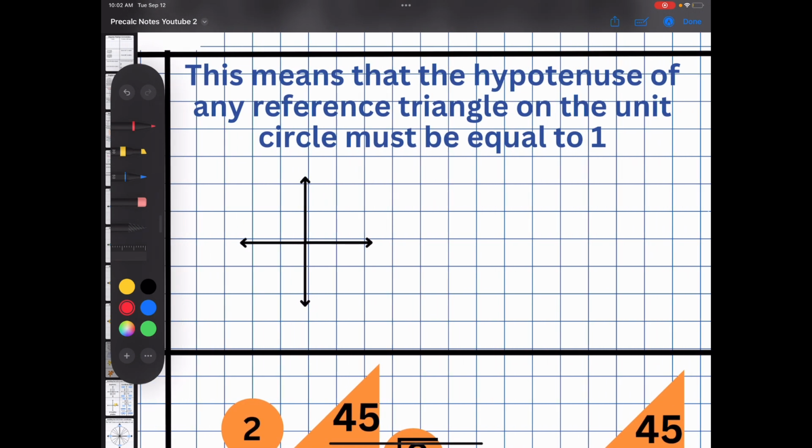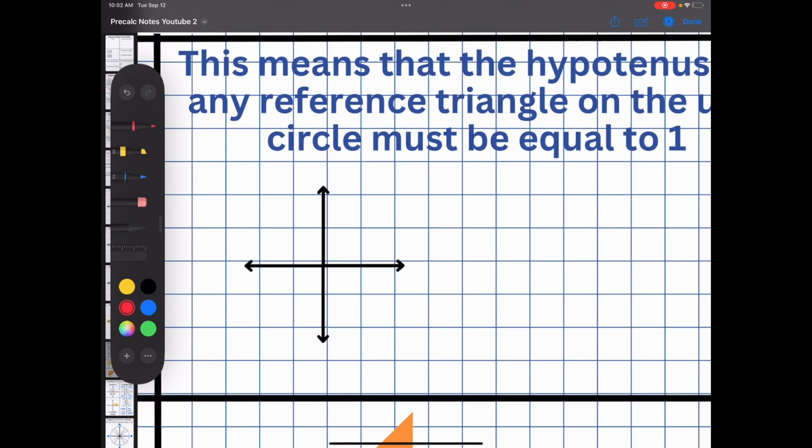Now, this means that if I were to create a reference triangle on the unit circle, the hypotenuse of that reference triangle must be equal to 1. And let me show you an example of this. So again, recall, let's say I had my unit circle, and this distance is equal to 1.